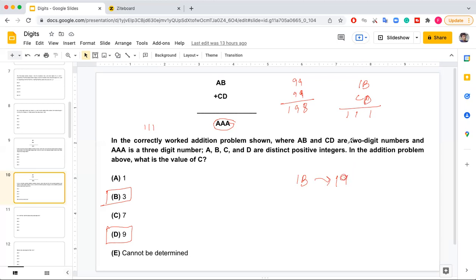And what is the maximum value of CD? 9, 9. But then the problem says A, B, C, and D are distinct positive integers.